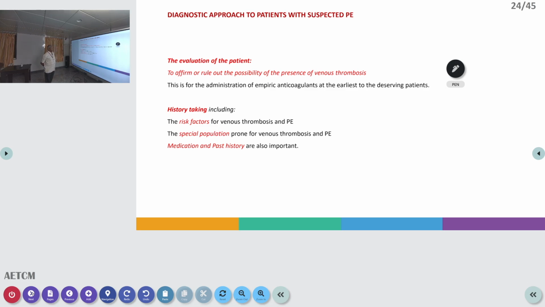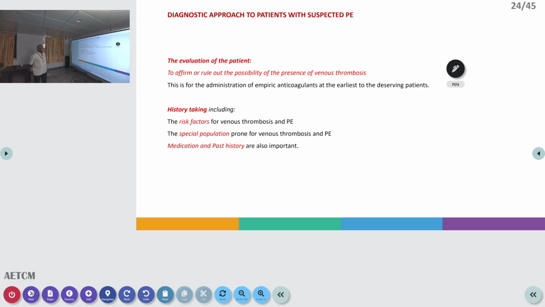And the diagnostic approach to patients with suspected pulmonary embolism. Simultaneous evaluation, resuscitation and diagnostic investigation, all these things should go together. Evaluation of the patient is first to rule out or confirm the possibility of venous thrombosis.